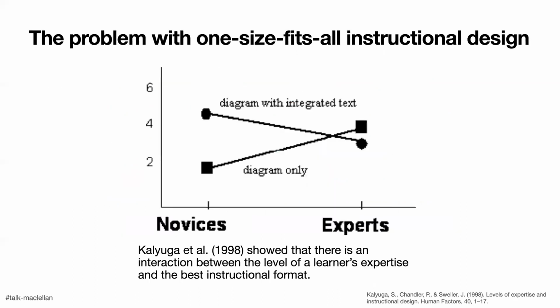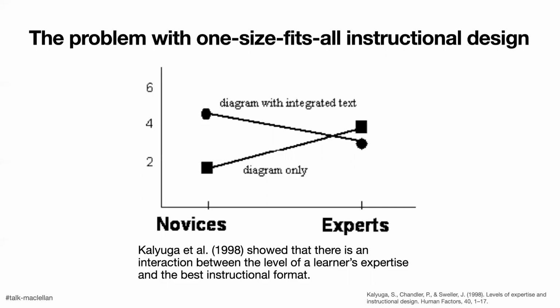Unfortunately, we know that the type of instruction that is best can change as the learner progresses. So Kalyuga found that there's this interaction between learners' expertise and which instructional design approaches are actually best for them. These findings are encompassed by an effect known more widely as the expert reversal effect, but the implication of this work is that there's really no one-size-fits-all for instructional design.